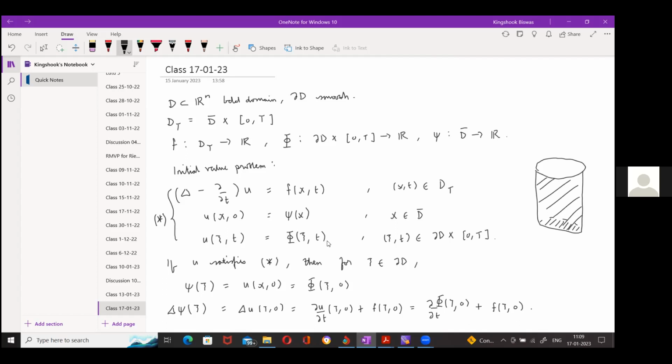So if I have two solutions to this initial value problem, say u1 and u2, then if I subtract, Laplacian minus del/del t of u1 minus u2 will be 0, right? Because both of those are equal to f, so you'll get f minus f, which is 0.